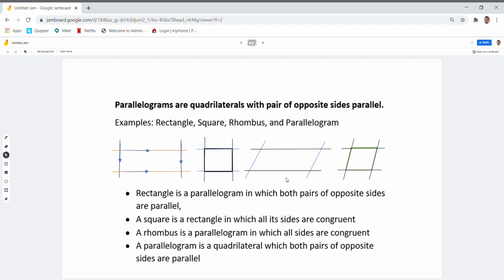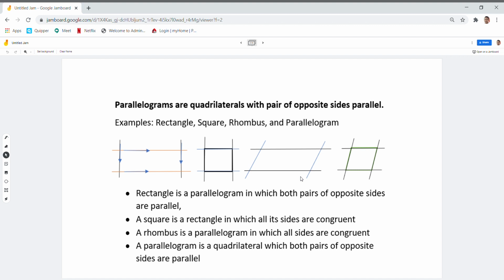Usually when a teacher or someone shows an example of parallelograms, what is drawn is a parallelogram. And just to inform you, the rectangle, square, and rhombus are special parallelograms. And the parallelogram is one of the kinds under parallelograms, and we have lots of properties that we can draw.